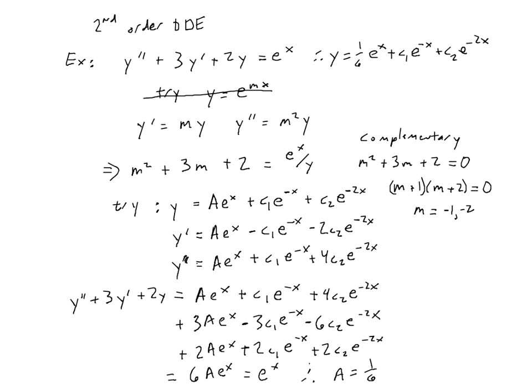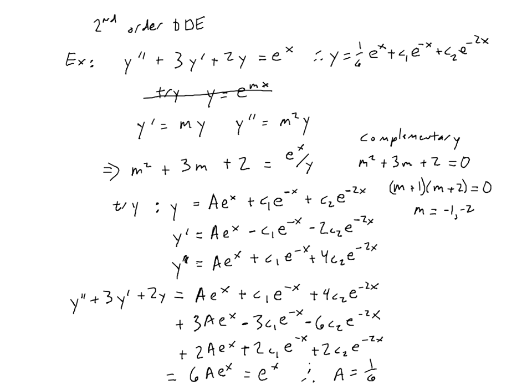So what I did here was I saw my problem, and I first assumed that the solution had a form like e to the mx. Okay, I used that to come up with a more detailed problem, but when I plugged this into the complementary solution, I found values of m that work, and I found 2 of them.